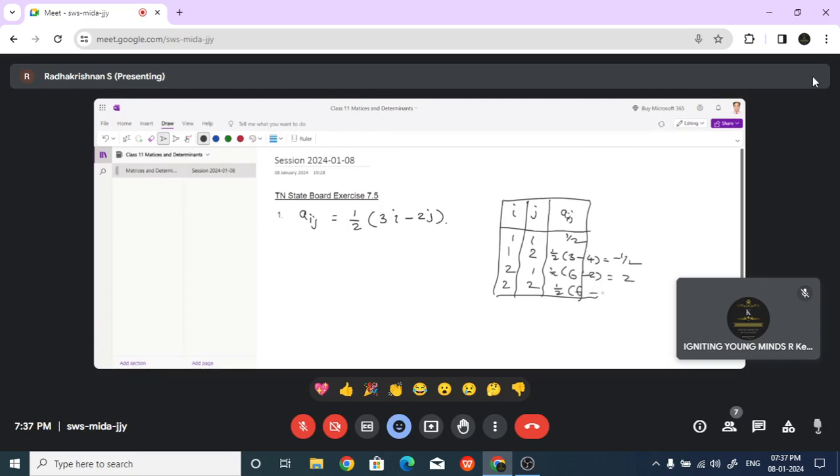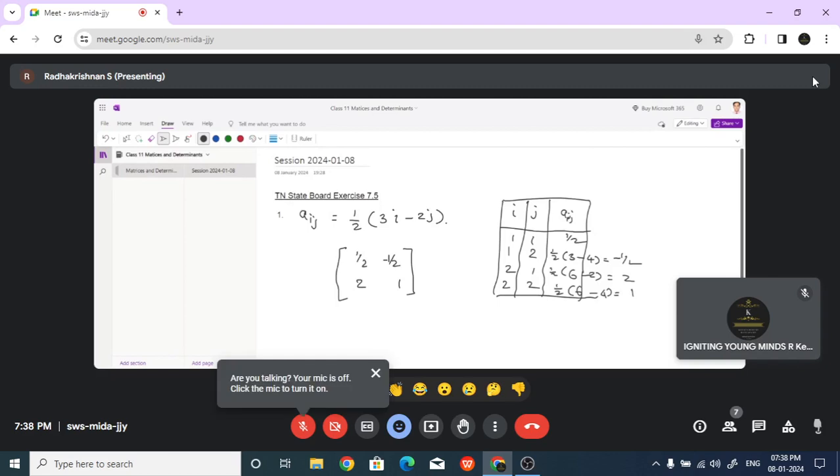So the matrix will be half, minus half, 2, 1. Which is option number 2.